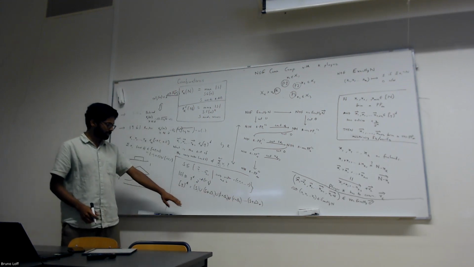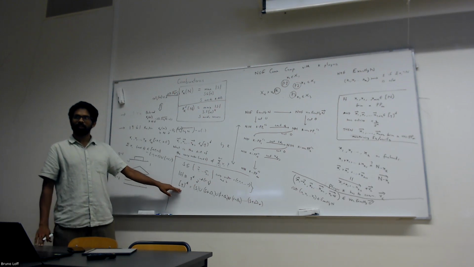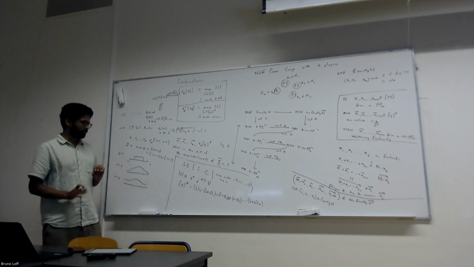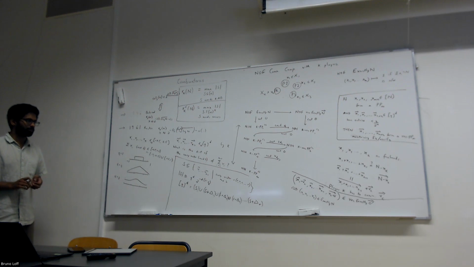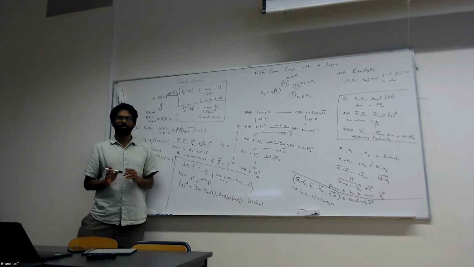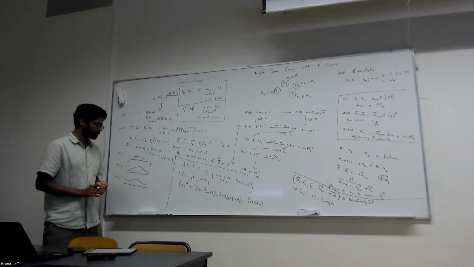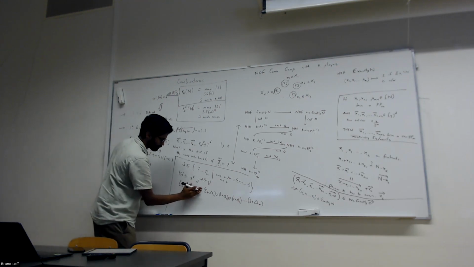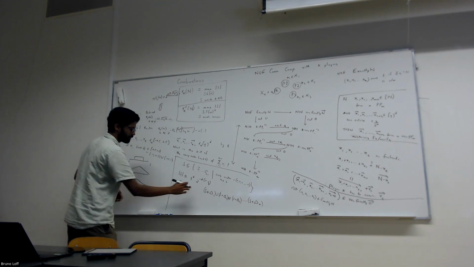And you take enough shifts such that you actually cover all of the space. And now you use the probabilistic method to say that the number of shifts needed is not that much. R is the number of shifts.